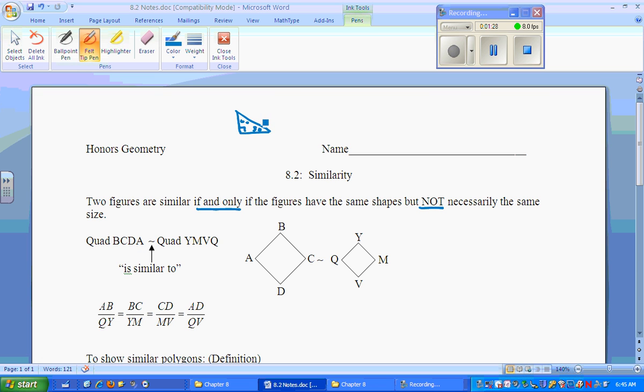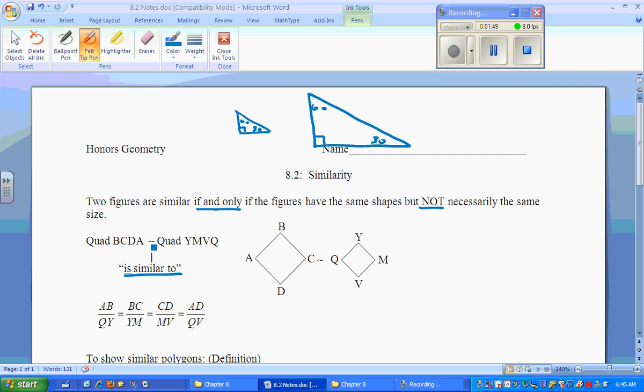My triangle has the same, but my triangle is this size. So are they congruent? No, they're not congruent, but they're going to be similar because they both have the exact same shape, but they're not exactly the same size.